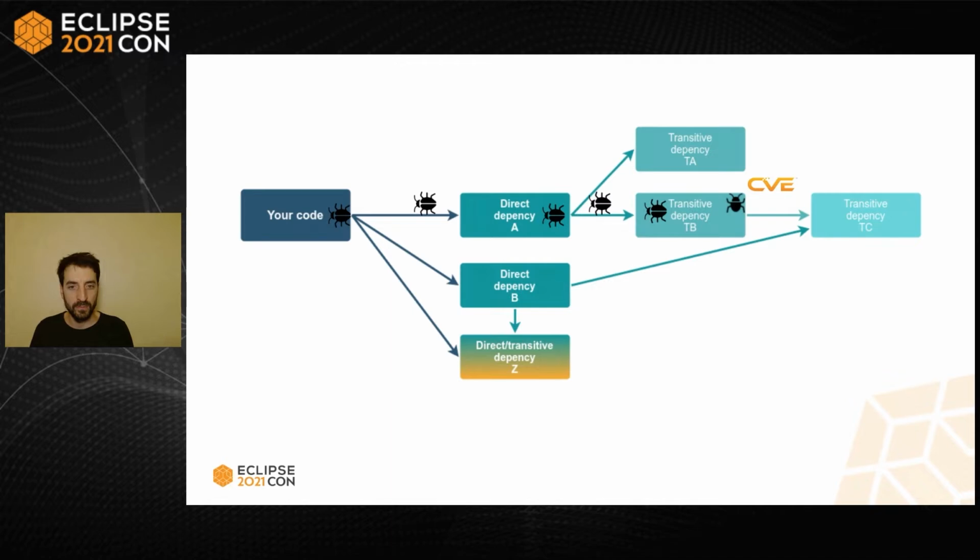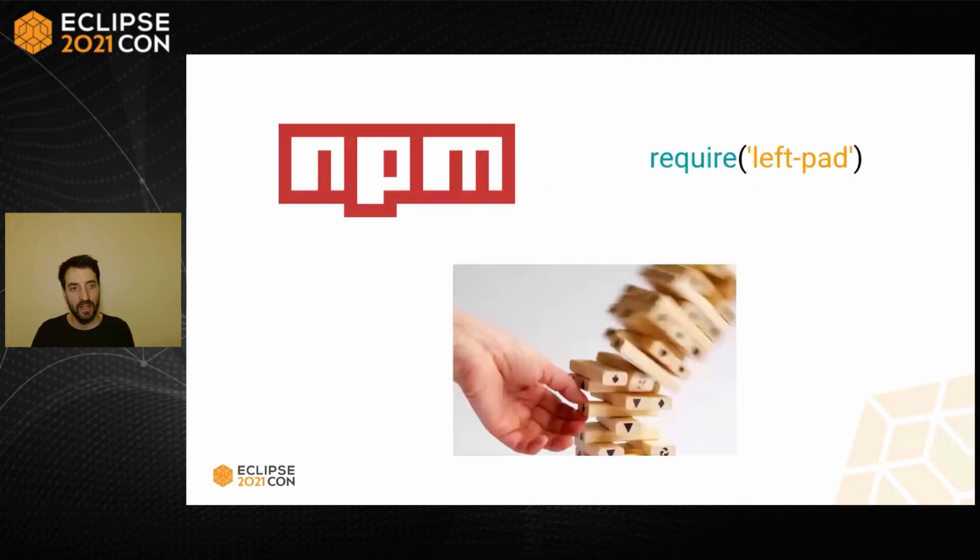Another kind of issue you might have with dependencies is if the dependency is removed from the central repository. For example, such a situation arose with npm when the left-pad dependency was removed from the public repository, leading to several software not being able to be built anymore.